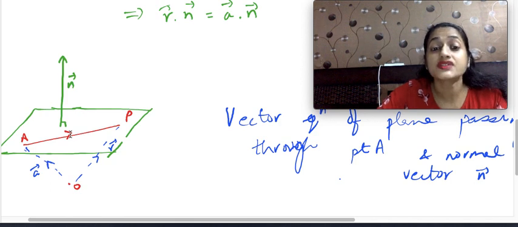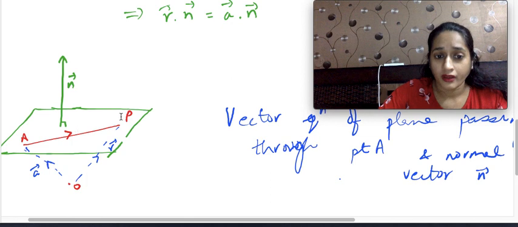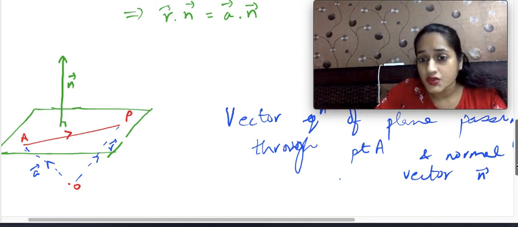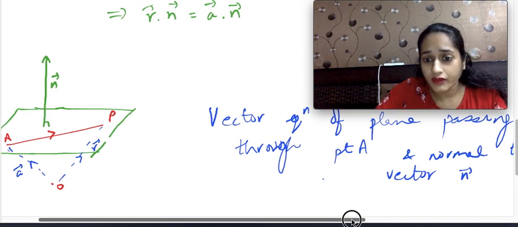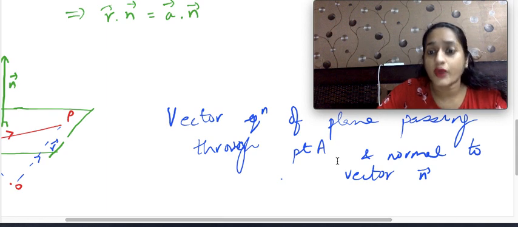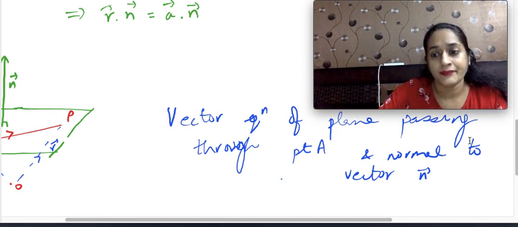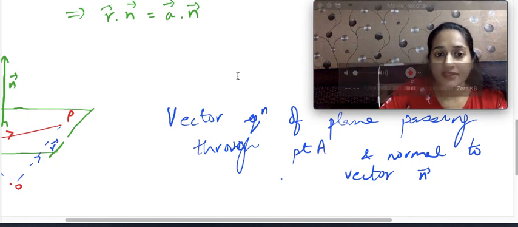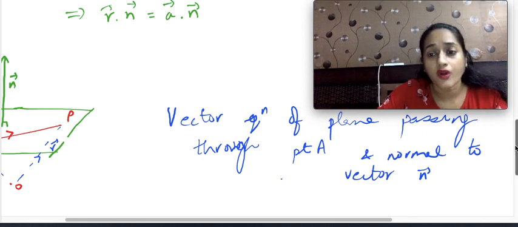Note that it is not a unit vector, it is a normal vector which is perpendicular to the plane. So the vector equation of the plane passing through point a, and normal to vector n, is r minus a dot n cap equal to 0.